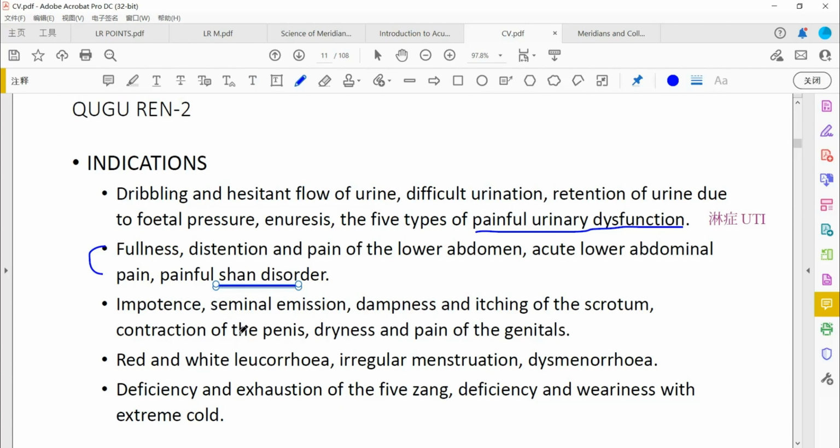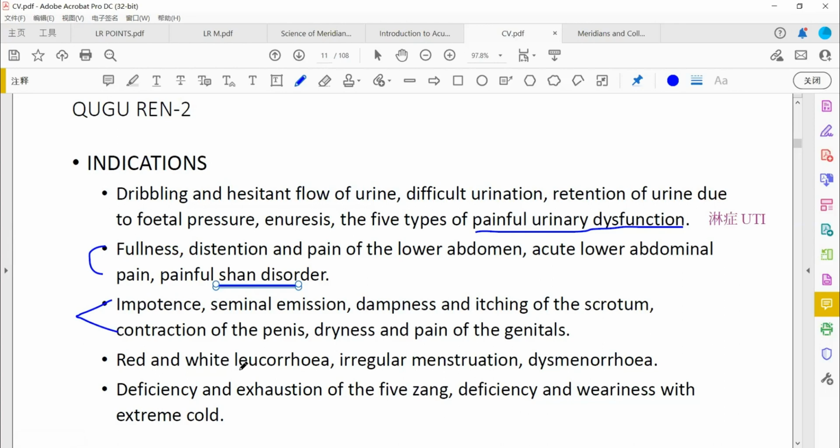And still like CV from the uterus and go to the genital regions. So CV is closely related to the reproductive systems.